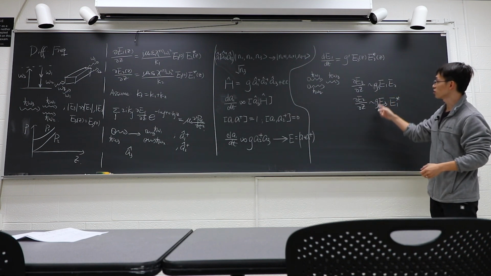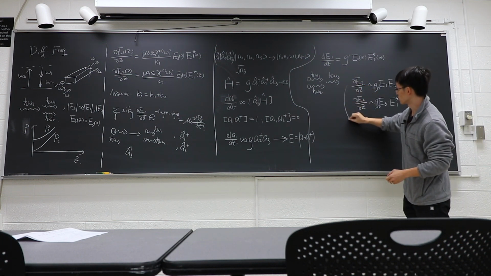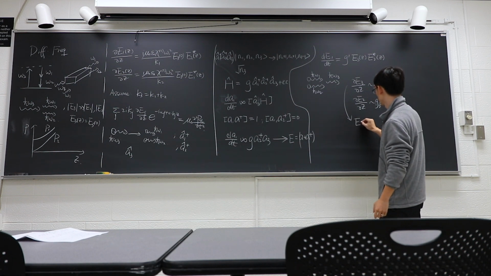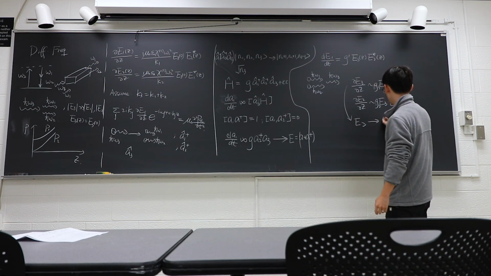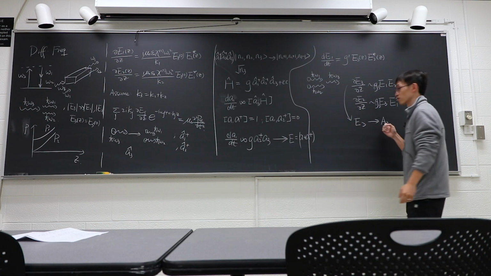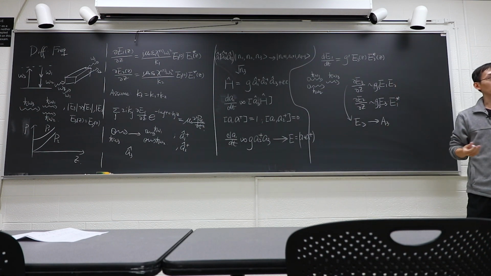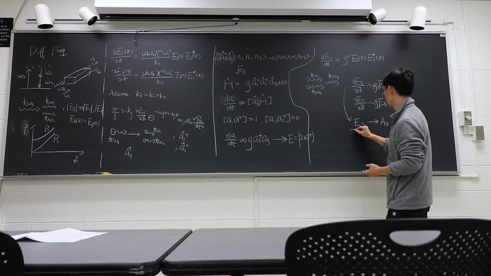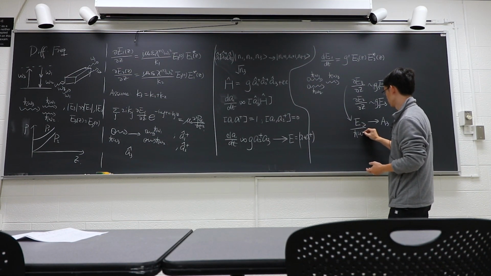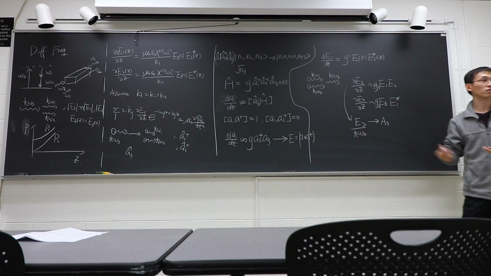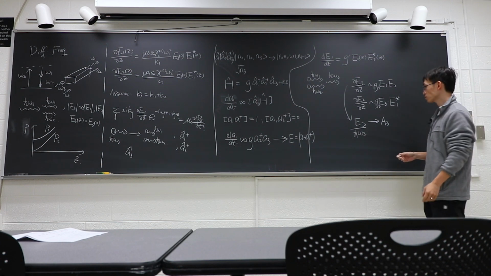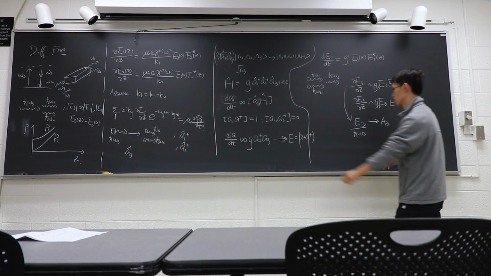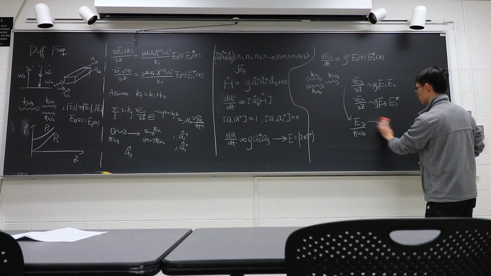To get this coefficient, the first thing you need to do is normalize E3 to something we usually call A3, normalized to the photon number. You divide it by h bar omega 3, and then there's another coefficient that depends on where you start from.